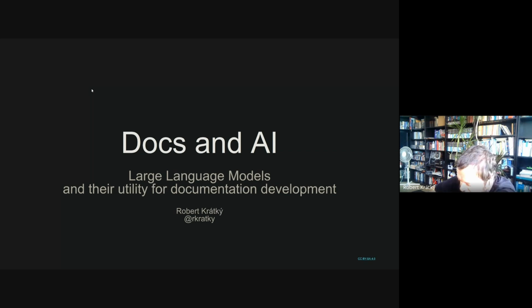And of course, documentation being text and these being generative models, there are a lot of questions about their use in developing documentation. So let's take a look at that. Let's take a look at some of the caveats, and let's talk about how useful or not useful the LLMs can be.